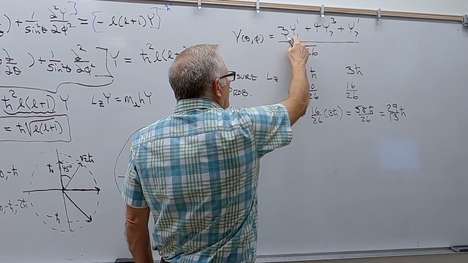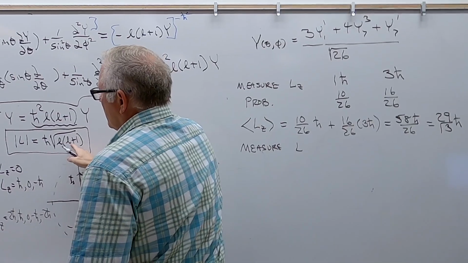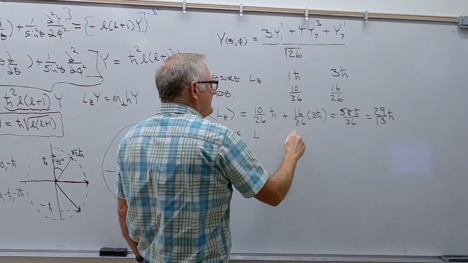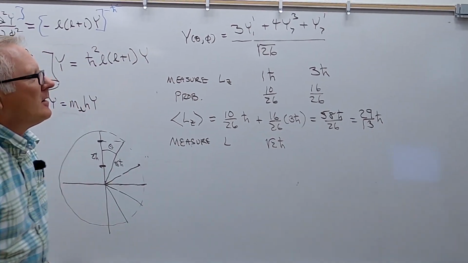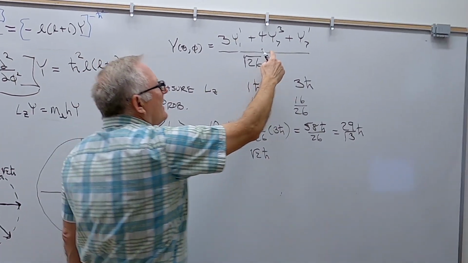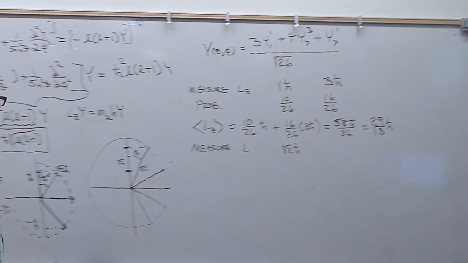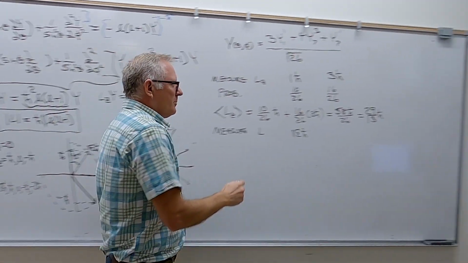So for this one, when L is 1, you get 1 times 2, so one value you can get is square root of 2 h bar. And then the only other value you can get is when L is 7. When L is 7, that's 7 times 8, that's the square root of 56 h bar.